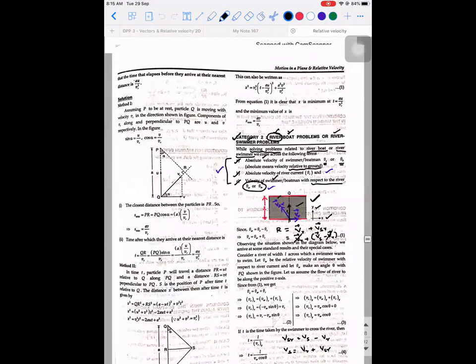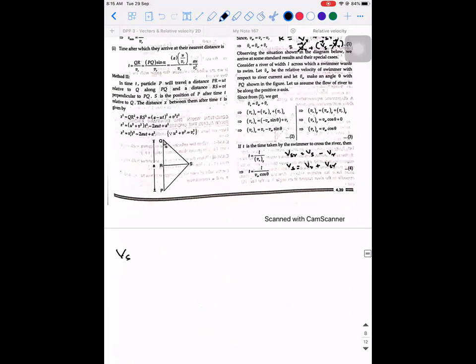See. So the velocity of swimmer with respect to river is velocity of swimmer minus velocity of river, which implies Vs is equal to Vsr plus Vr. So the velocity of swimmer is equal to velocity of swimmer with respect to river plus velocity of river.